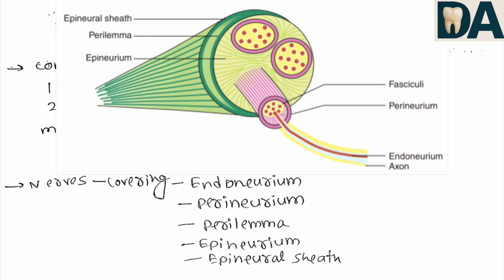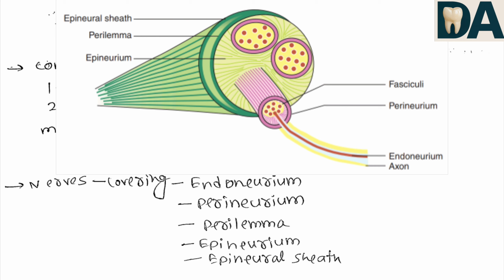Each component of a nerve has a connective tissue covering. Endoneurium is the loose connective tissue that surrounds an axon. Perineurium is the coarse connective tissue that covers a bundle of axons or fibers into fascicles.